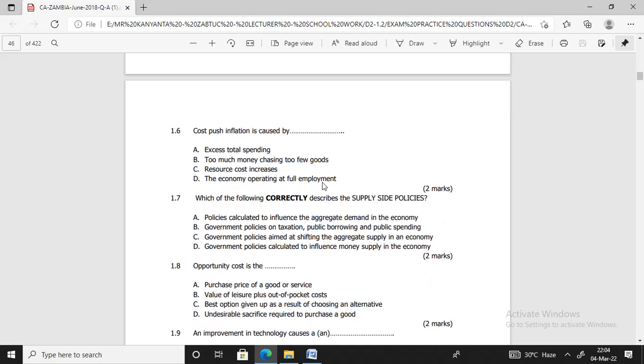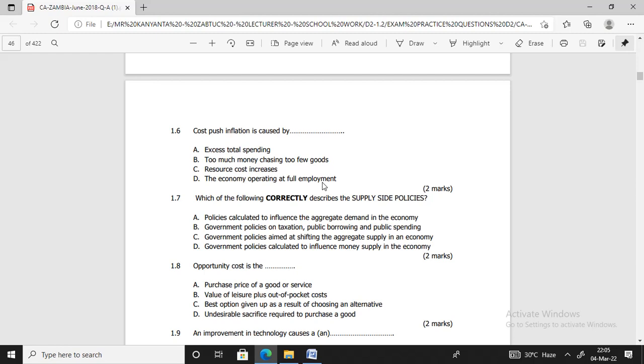1.8, opportunity cost is, by definition, the benefits forgone in the next best alternative. What you are giving up for you to get what you want. So the correct option there is: opportunity cost is the next best option given up as a result of choosing an alternative.